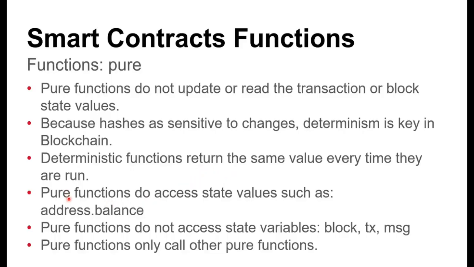So pure functions do not access state values such as address balance, and we know our address balance can change. Pure functions do not access state variables such as block, transactions or message. Pure functions only call other pure functions. So this is a function which, again, will return the same value every time.